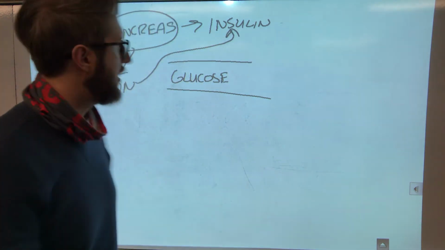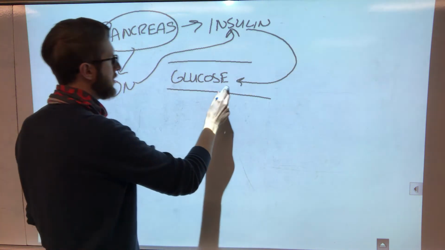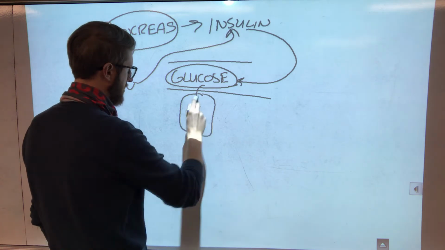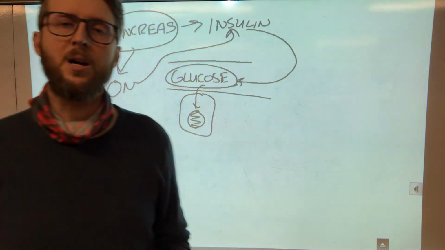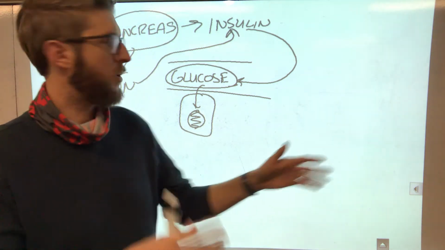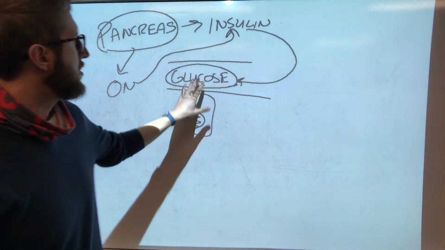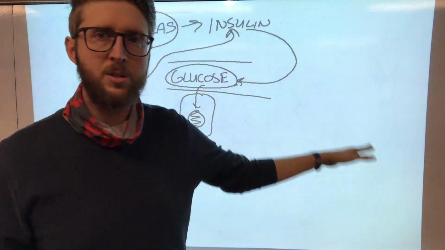And that insulin goes into the bloodstream to take glucose out of the bloodstream and put it into your body's cells. That's how diabetes happens, whenever your body is unable to make the insulin, so the glucose can't go into the cells where it's needed. It just stays in the bloodstream.